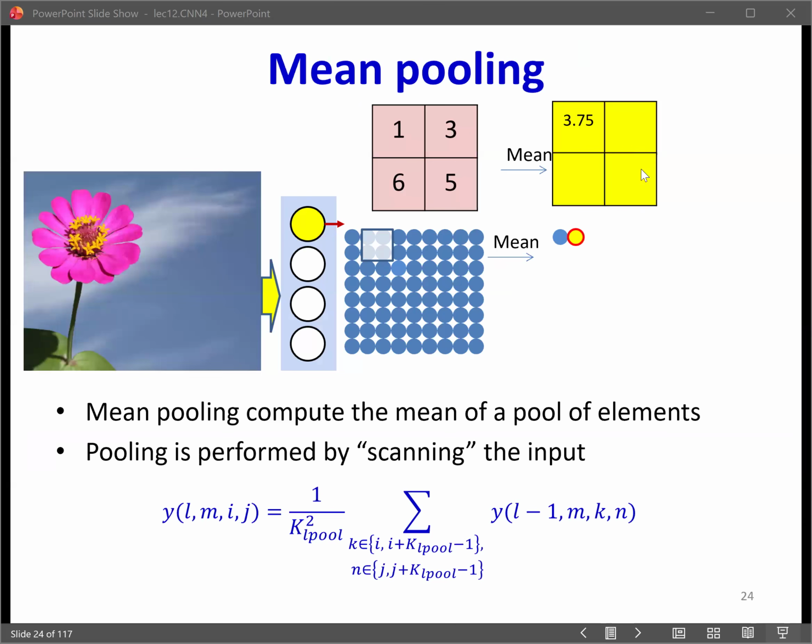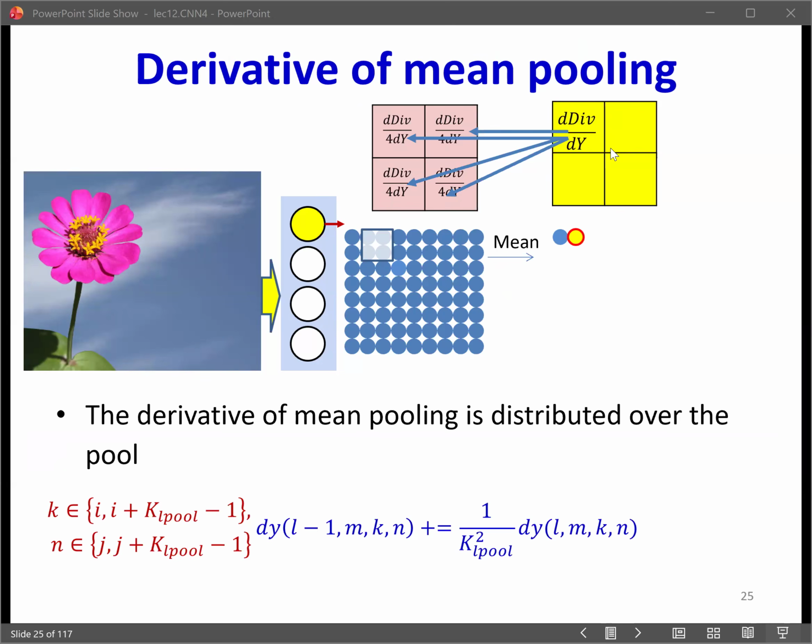And then for mean pooling, we did the same thing, except that we computed the mean of all of these values and copied it over. So when you go back, the derivative at the location that this mean was copied into is now uniformly distributed over all the locations that contributed to it. So if it came from a 2x2 window, every element was multiplied by 1/4 and then added up to give you this.